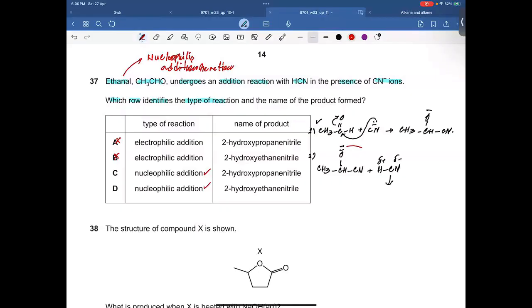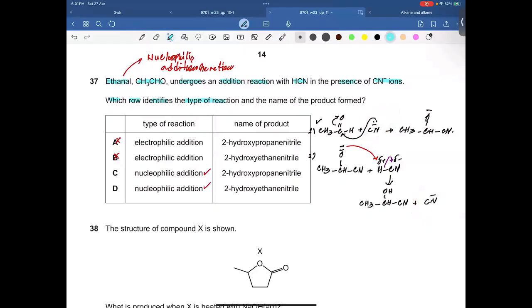Obviously, this negative charge of the oxygen atom reacts with this hydrogen atom so that an OH bond is formed in the product, like this, and this CN will remain as it is, whereas the cyanide is removed in the form of cyanide ion. So the reaction starts from cyanide, and we are getting cyanide at the end of the reaction, which means cyanide is acting as a catalyst.